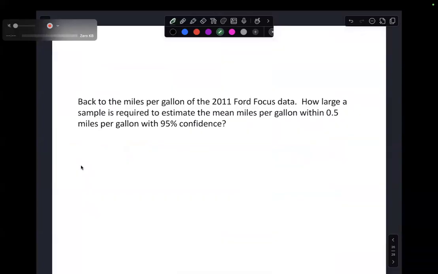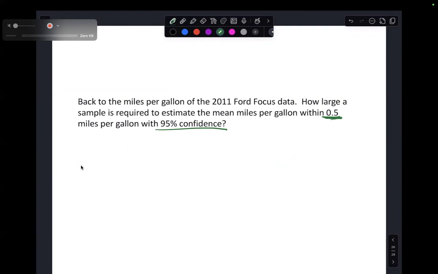We're gonna do the Ford Focus. How large of a sample is required? So we're doing 0.5 miles per gallon, 95% confidence. It doesn't give me a standard deviation. I'm wondering if we're using our standard deviation. That would be my guess.